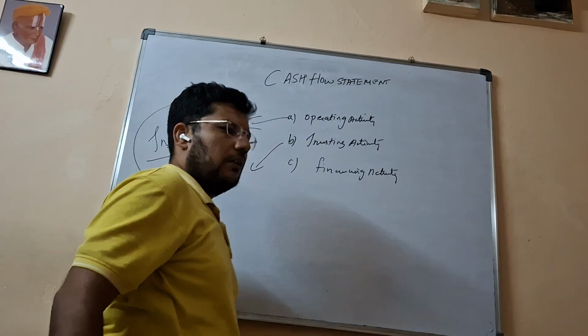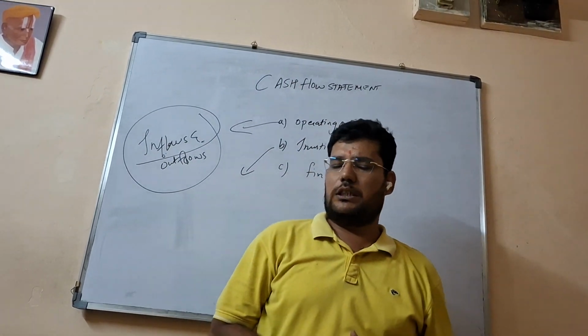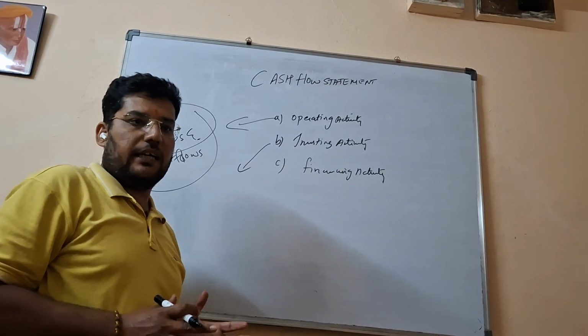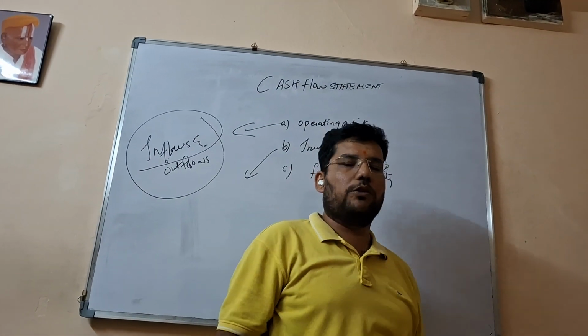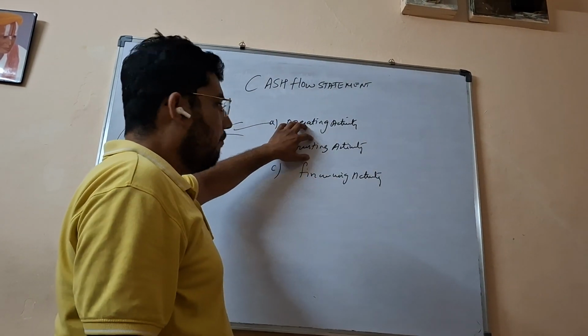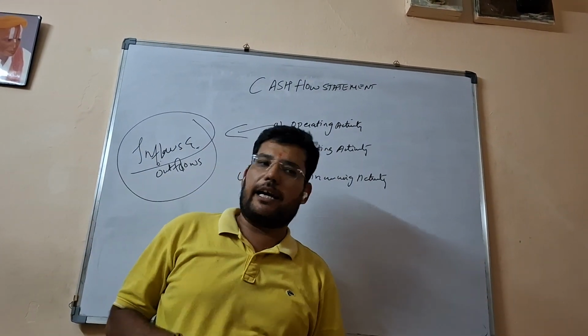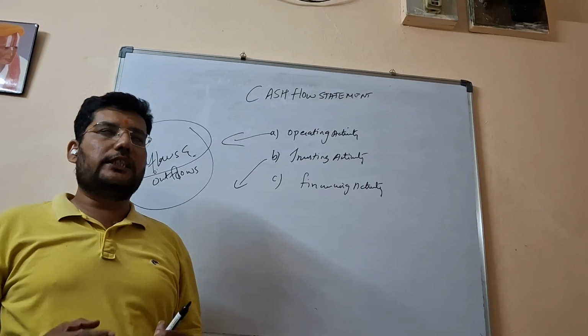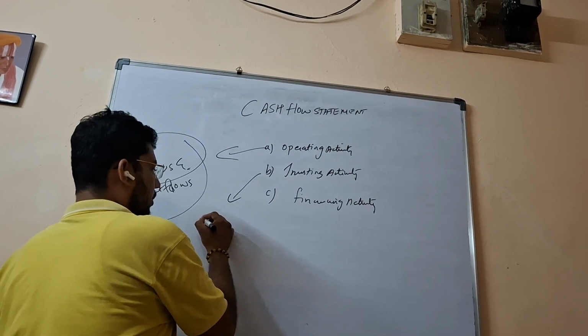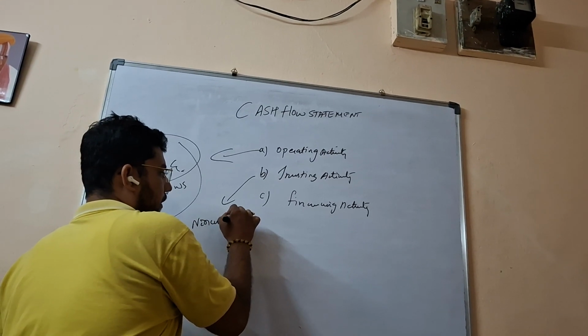Investing activity. So children, when we talk about investing activity, I'm talking from a trading unit point of view or non-financial companies point of view. Non-financial companies usually require capital. What do they do with that capital? They invest. Where do they invest? On the non-current assets part.